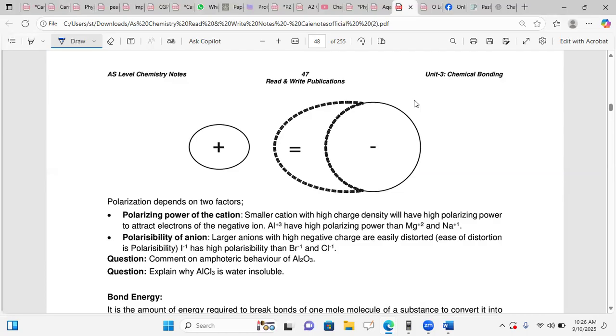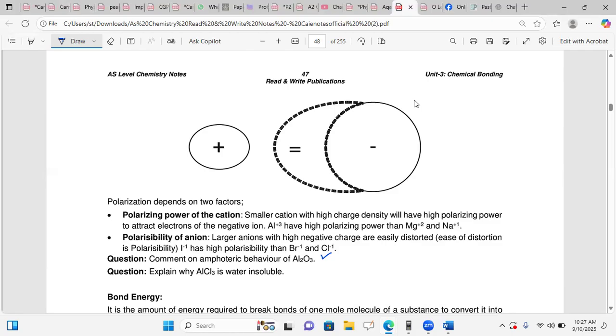According to the Lowry-Bronsted concept, the one which can accept a proton is a base and the one which can donate a proton is an acid. Then amphoteric compounds show this balanced phenomenon, as in Al2O3. AlCl3, because it does not have any lone pair, is going to show insolubility in water.